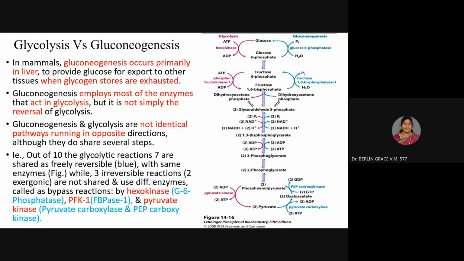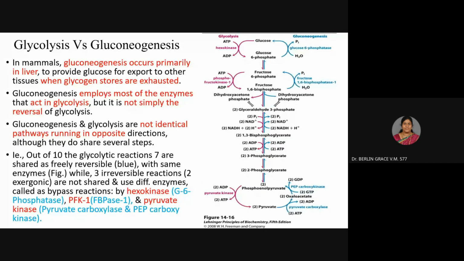And the next conversion, between glycerol 3-phosphate and dihydroxyacetone phosphate, is a reversible process, an interchange of dihydroxyacetone phosphate and glycerol 3-phosphate. And from glycerol 3-phosphate, by a reversible reaction, 1,3-bisphosphoglycerate is formed in glycolysis.